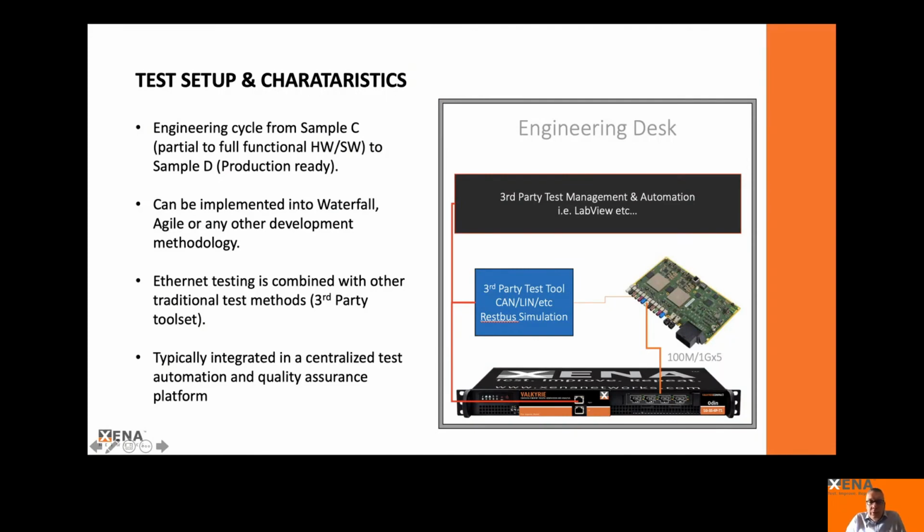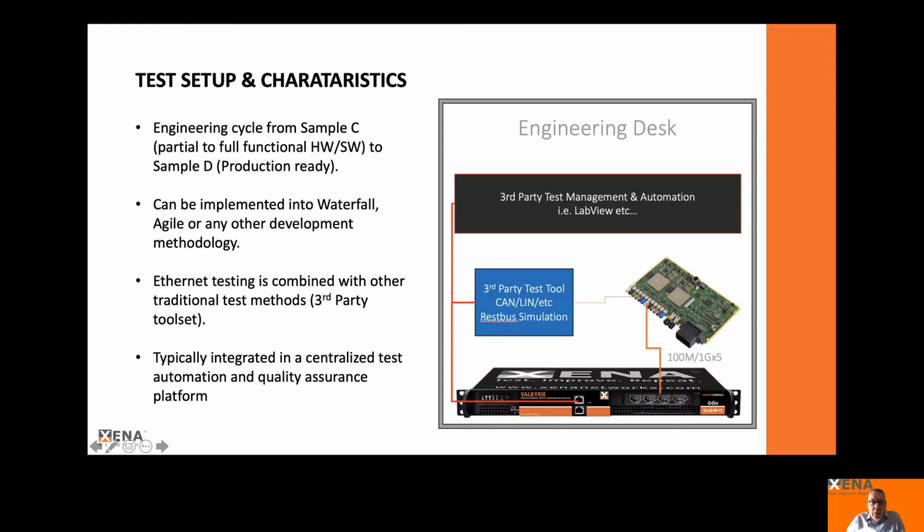The setup is also pretty simple. So you have a specific SINA networks test device for Ethernet. You have other third-party test tools also to test the CAN/LIN or other technologies on your ECU. You're doing rest bus simulation for functional testing of the application, and everything combined for sure to get a complete view of the functional quality or the validation of the system.